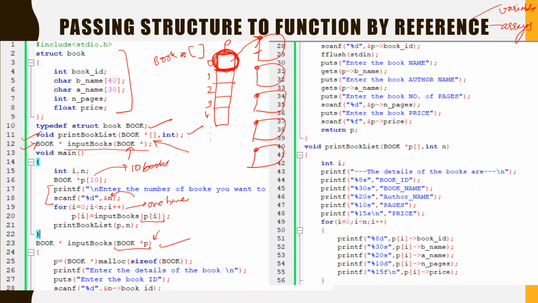Now we have allocated memory and assigned it to this p. Suppose this memory is allocated at the base address 1000. So this base address 1000 will be input in p, and these values are taken as input in p, and in the end this p is returned.